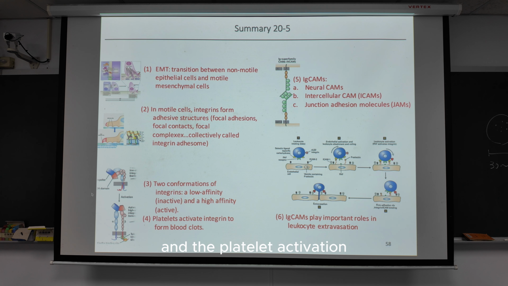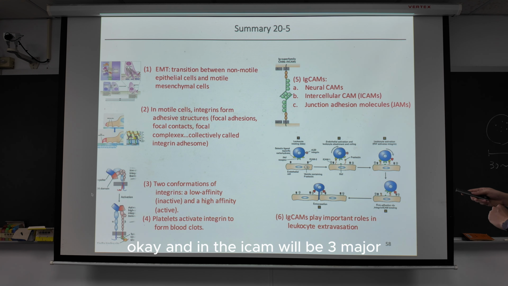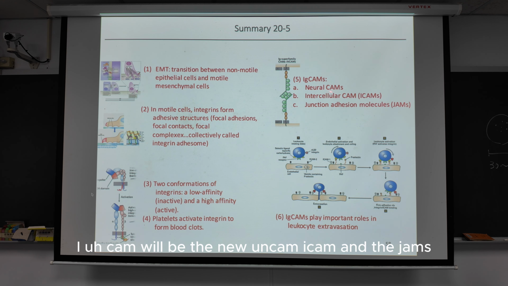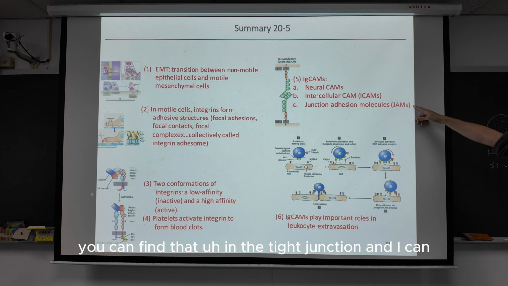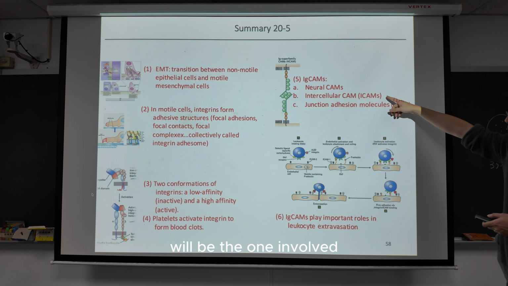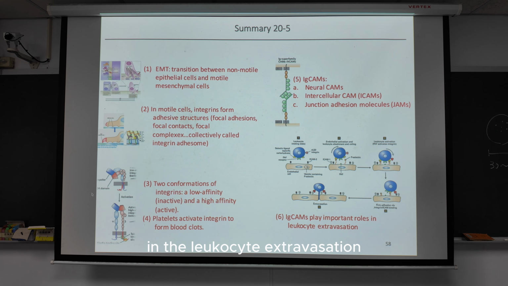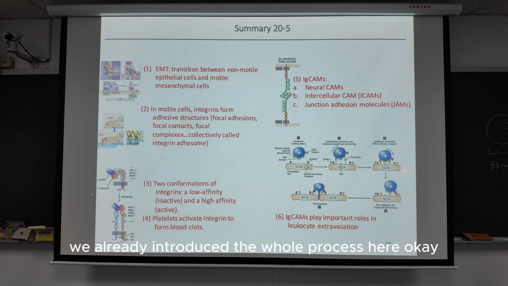In platelet activation, platelets activate the integrin to form the blood clot. And there are three major CAMs: NCAM, ICAM, and JAMs. JAMs you can find in the tight junction, and ICAM is the one involved in leukocyte adhesion. We already introduced the whole process here.